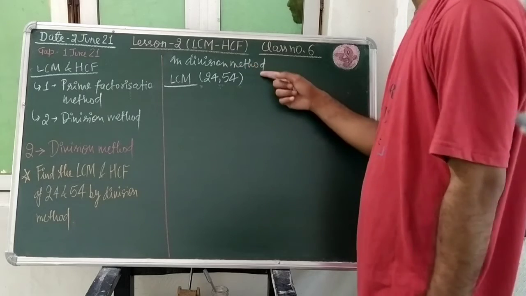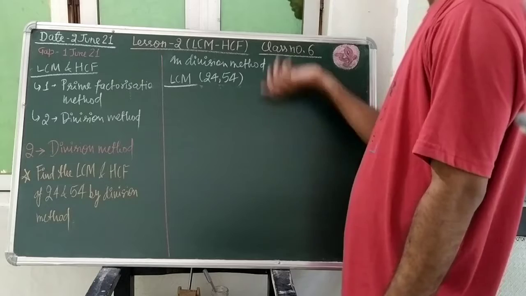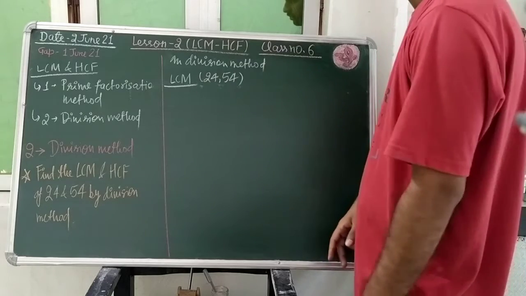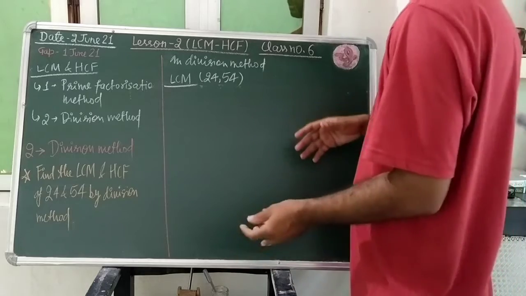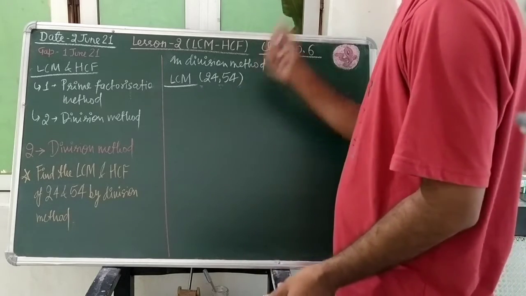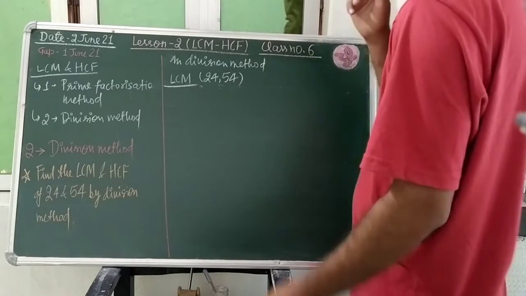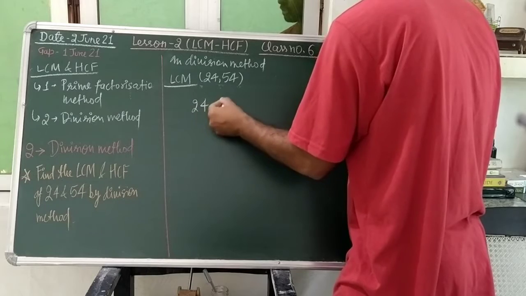But in the case of the division method, students, if we are talking about the LCM, least common multiple, we shall apply a rule which is similar to the prime factorization method, but here we will select all the numbers given in the problem.